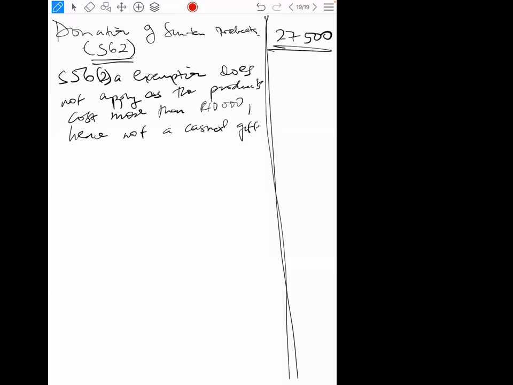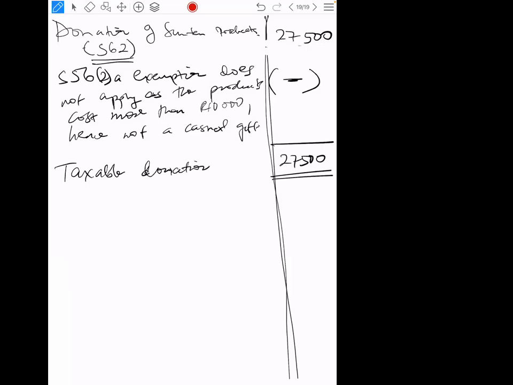Right. So this becomes the value donated. If you want there, you can then put a dash to show that now no exemption will apply there. Then you get to 27,500. Then this becomes your taxable donation. That's the amount on which the donation tax is going to be calculated. Right.